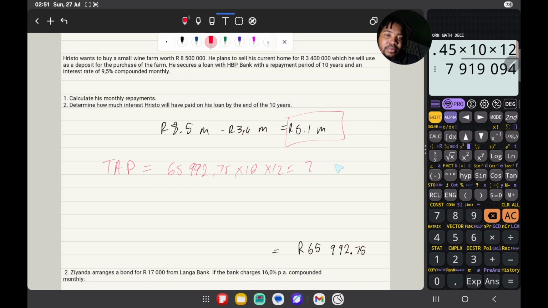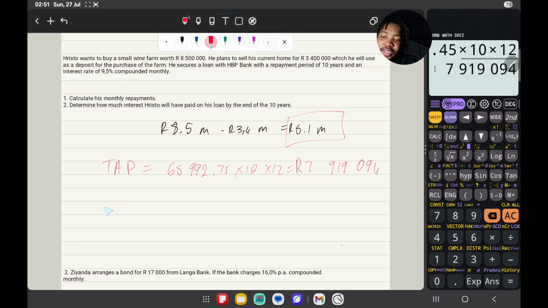So that is 7,919,094. You see, I said 94 and I wrote 92. It happens, bro. So this guy ended up paying this much amount, right?